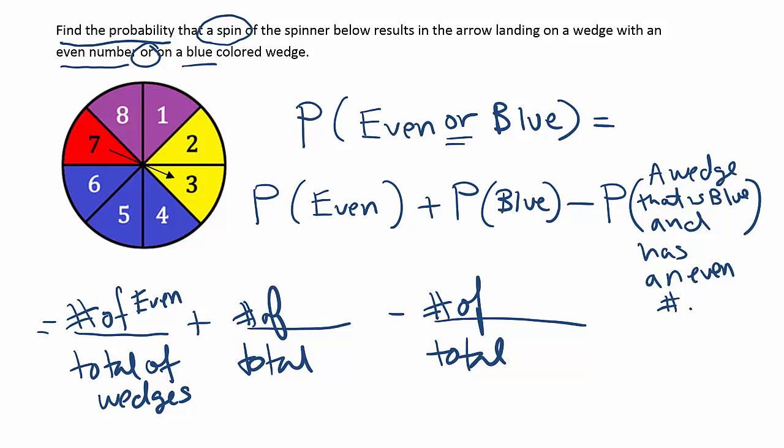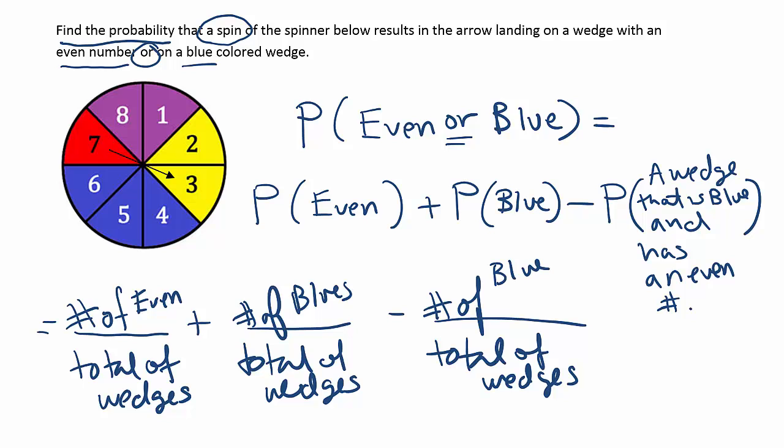Then it'll be the same for all of the denominators, total number of wedges. Remember, the denominator for addition rule of probability doesn't change across the fractions. Once you set the first denominator, all your other fractions will have the same denominator. For the second fraction, it's the number of blue wedges, so number of blues. And for the last one, it's the number of blue wedges with even numbers, so number of blues with even numbers on them.